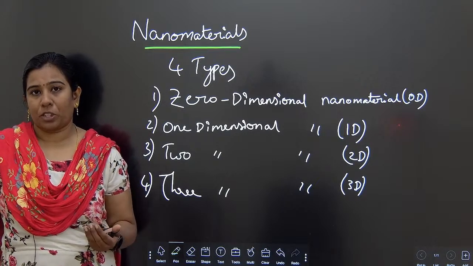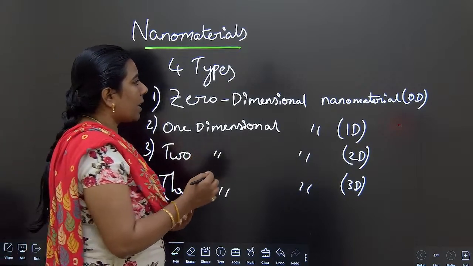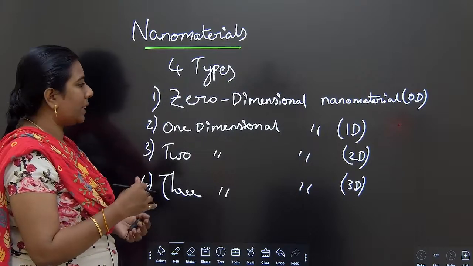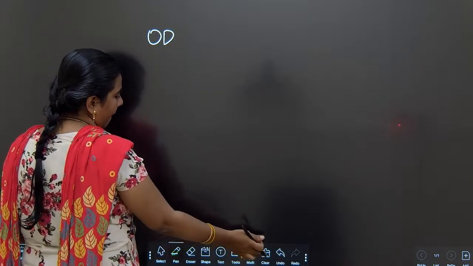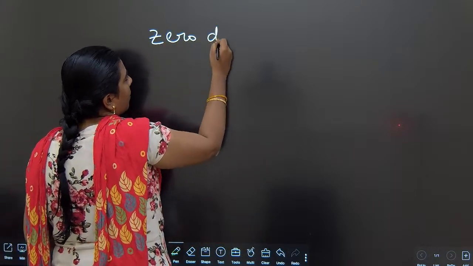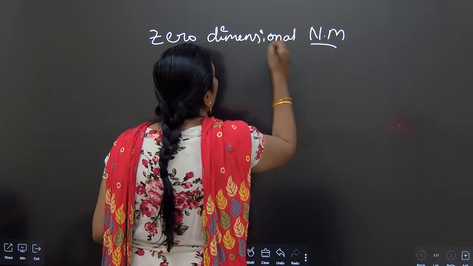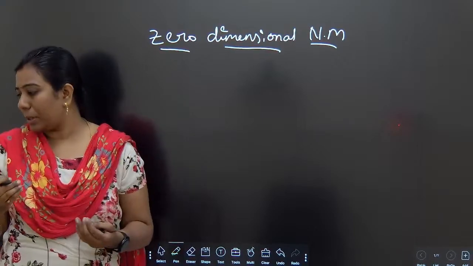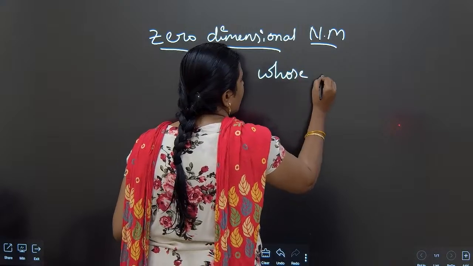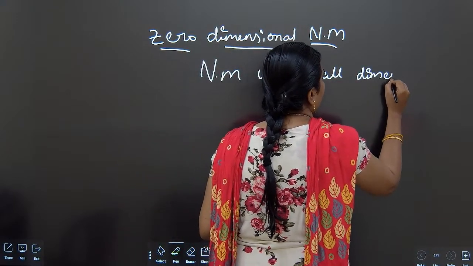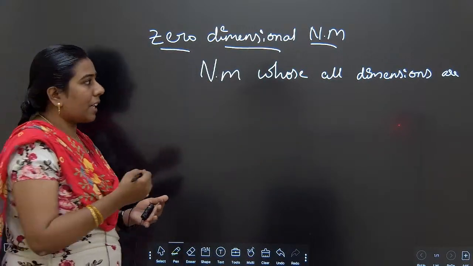So what is zero dimensional nanomaterial? The nanomaterial whose all dimensions are within the nanoscale.